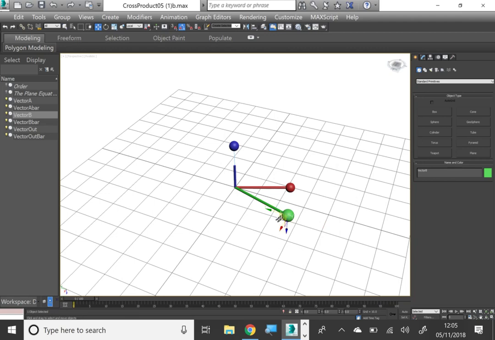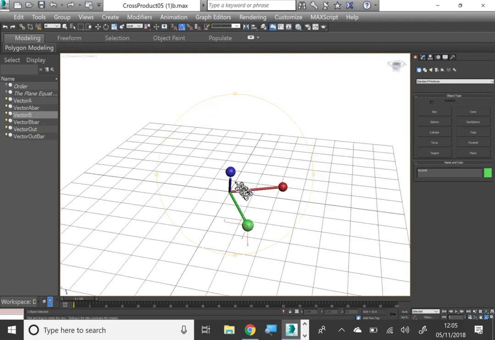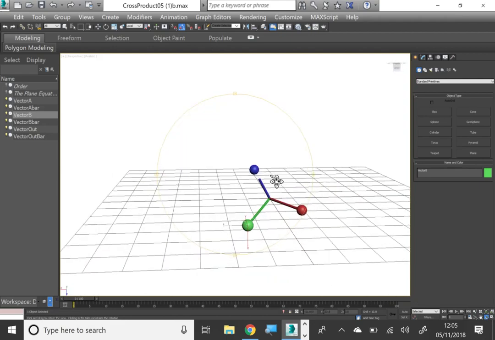So if I move this around, you will see that I can move this vector. It changes the length of the cross product, but this vector will always be perpendicular to the other two vectors.